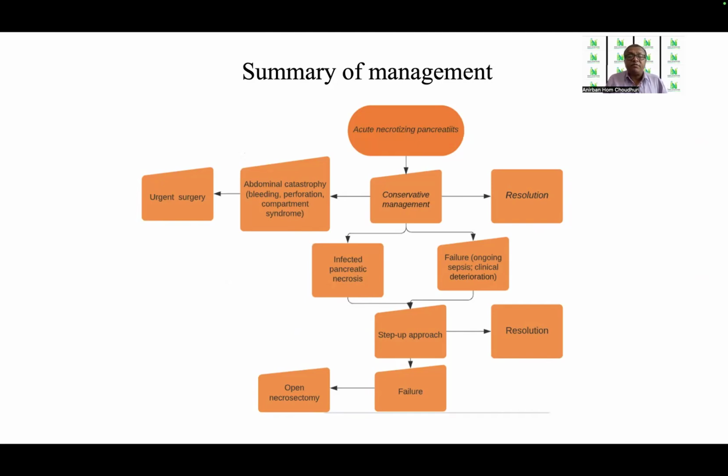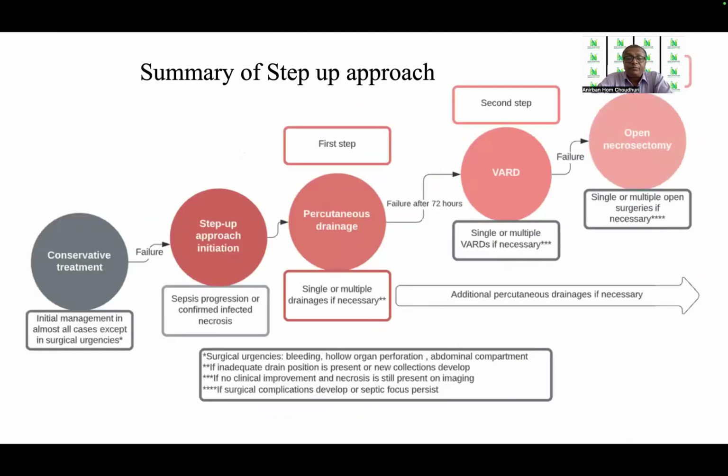If the patient develops infected pancreatic necrosis, then we have to adopt a step-up approach. If the step-up approach fails, we go for open necrosectomy. If there is ongoing sepsis and clinical deterioration, then also a step-up approach can be adopted.